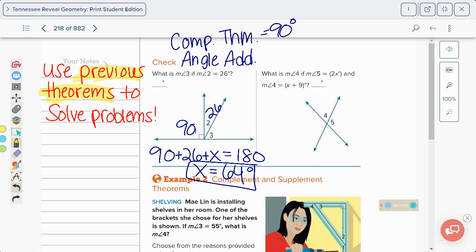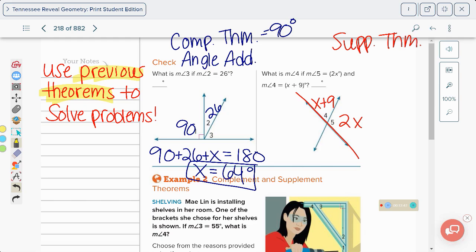Let's look at the next problem here. So the next part of the check says, what is the measure of angle 4 if angle 5 equals 2x and angle 4 equals x plus 9? So 4 and 5, those two angles together form a line. So a theorem that we could use to support our reasoning would be the supplement theorem.